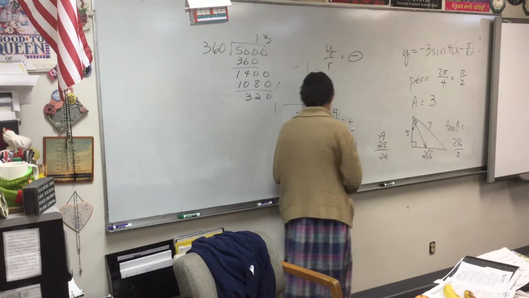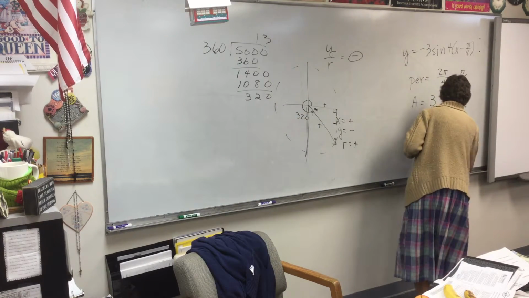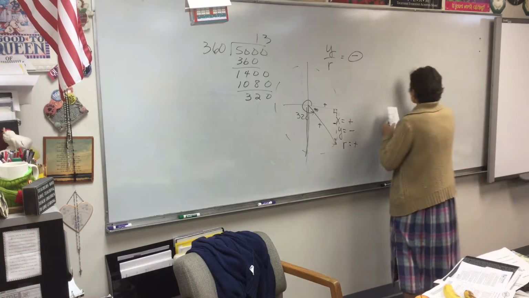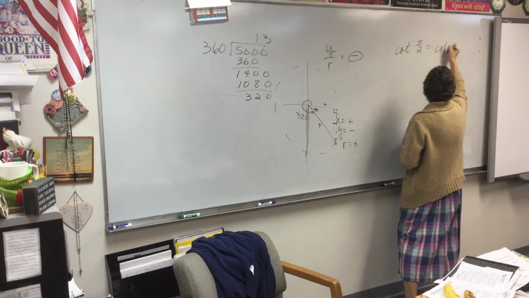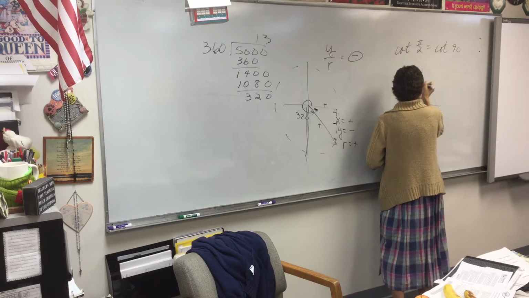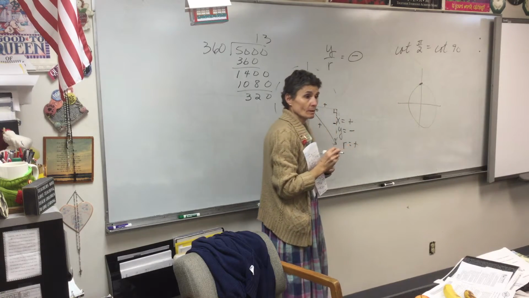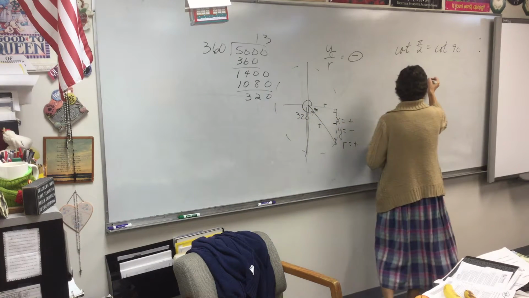Cotangent pi over 2. Geez, here's another one. There have been like 5 of these. What's pi over 2? 90. Finding the cotangent of 90. Here's 90, speaking of quadrantal. What are the coordinates at that point? 0, 1.